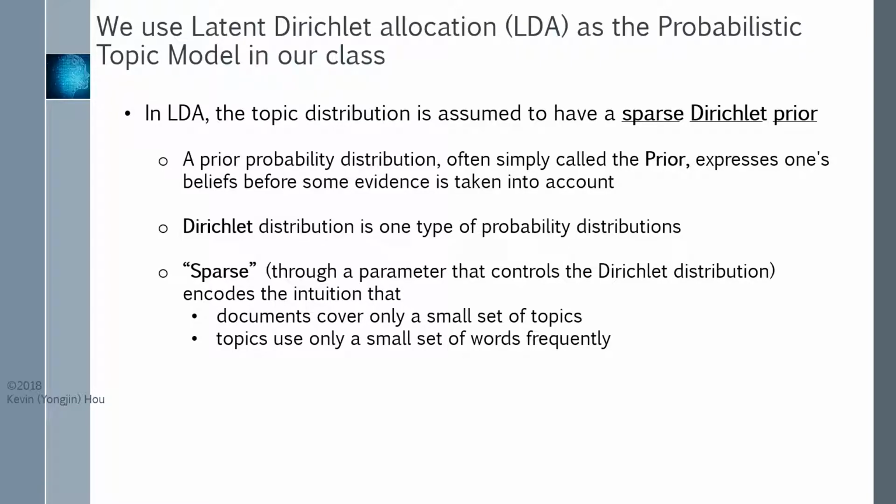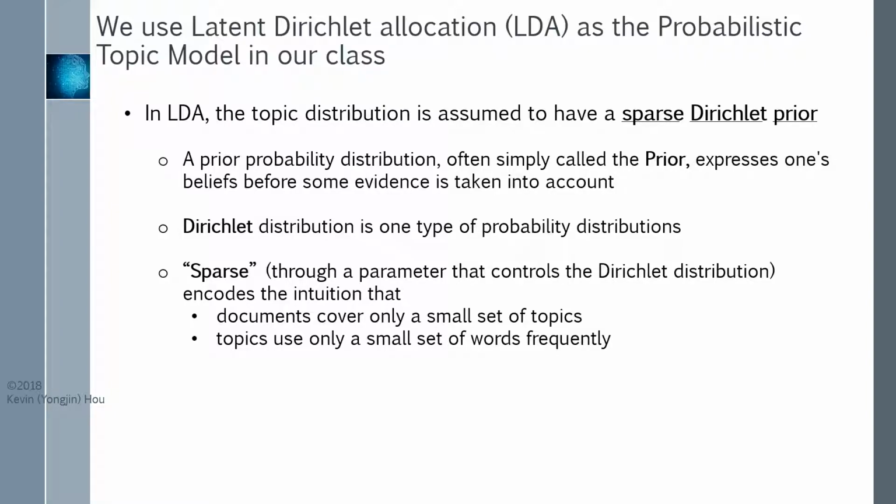And what sparse means here is really two things. First, for each particular document, only a small number of topics are included. And then for each particular topic, only a small set of words carry the meaning or are often used in that topic. And that's what sparse means.